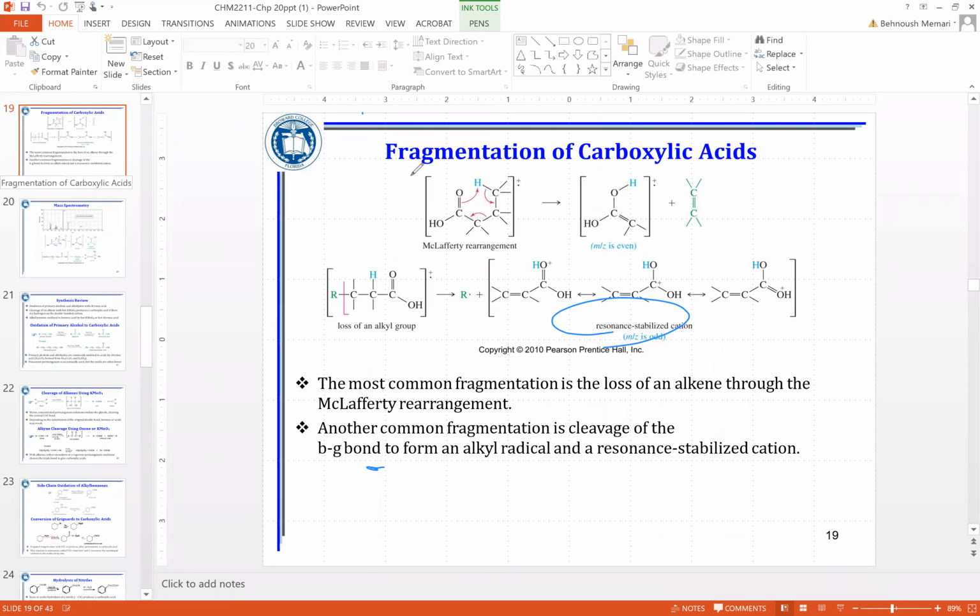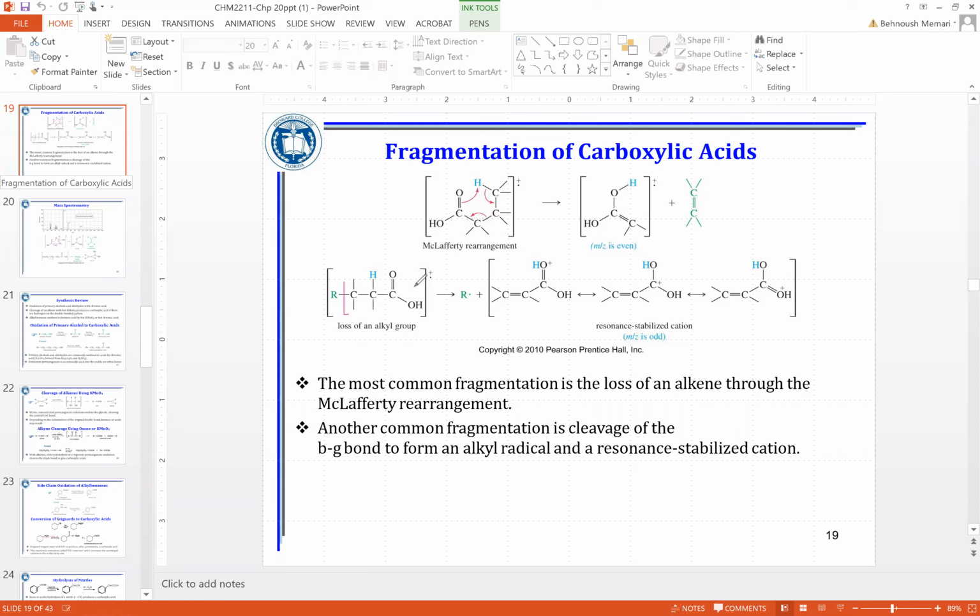For mass spec, the fragmentation that you're looking for can be cleavage of the alkene. You must have at least 3 carbons, more than 3 carbons in the molecule.